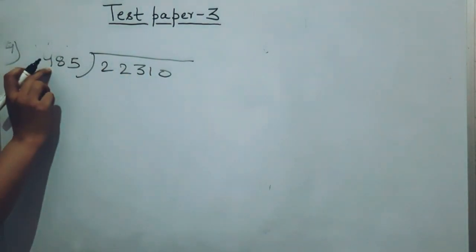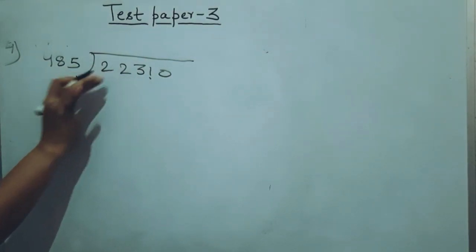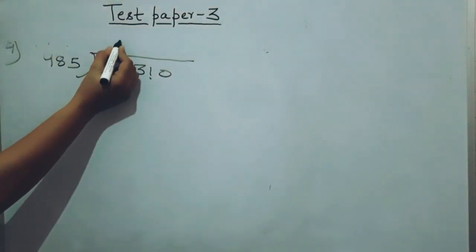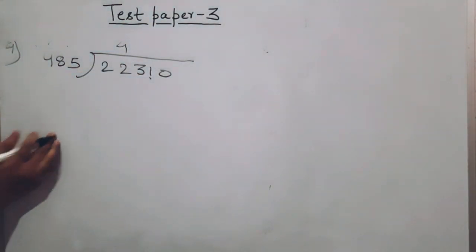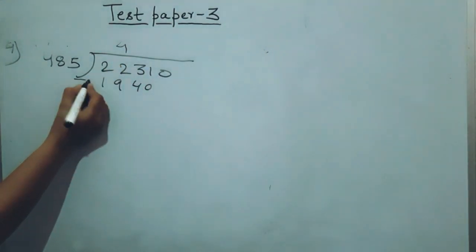is less than 485. Then we have to check till here. 2231 or less, what comes in the table of 485? So 485 times 4 is 1940, right? 1940.